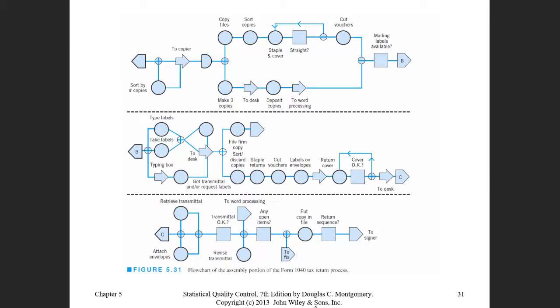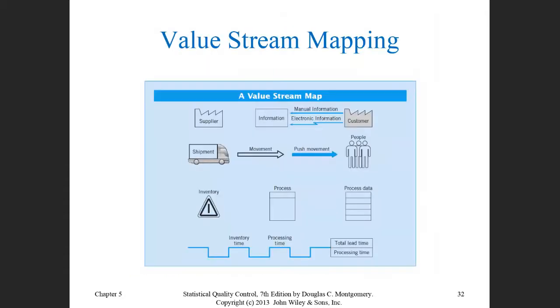On the other hand, there is something similar in terms of visual appearance but different in concept, called value stream mapping. This is a very useful tool, and sometimes people think it is close or similar to the process flow, but it is different from the process flow.